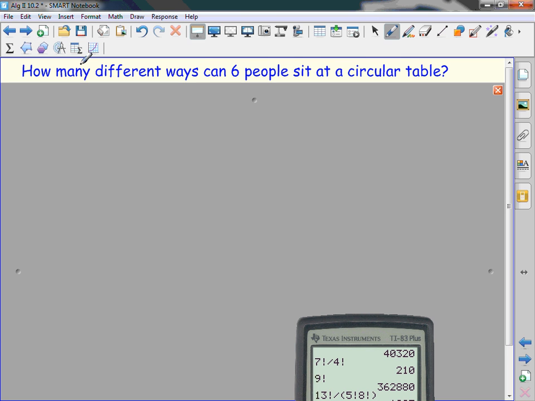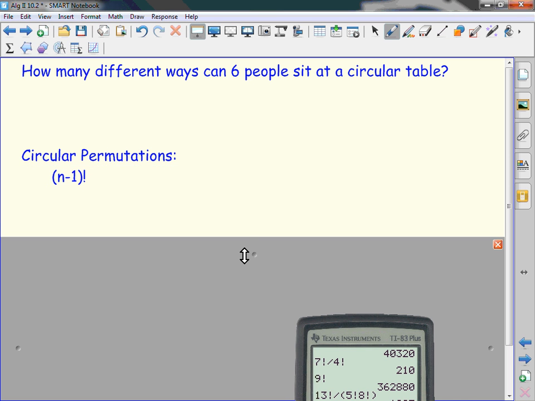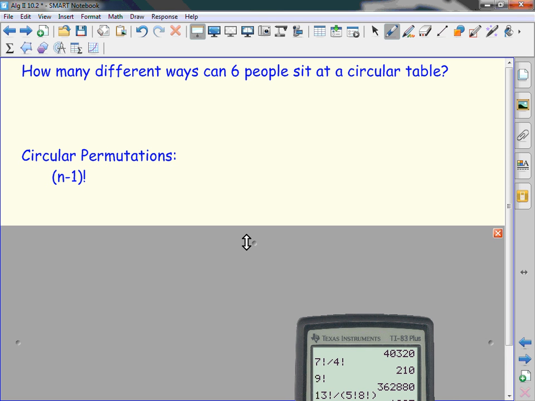The one final way. How many different ways can 6 people sit at a circular table? So some of your lunch tables are circles. If there were 6 of you, how many different ways could you sit? For circular permutations, it's a different formula. N minus 1 factorial.